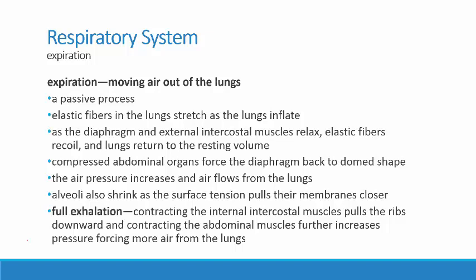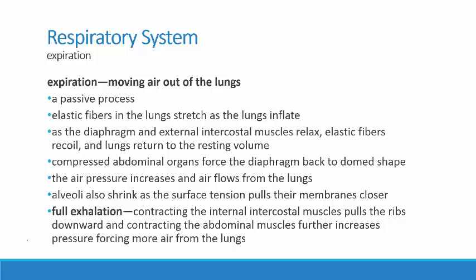The diaphragm is pushed back into its dome shape because as the compressed abdominopelvic organs rebound, that shoves the diaphragm back upward toward the lung space. So that compresses everything.